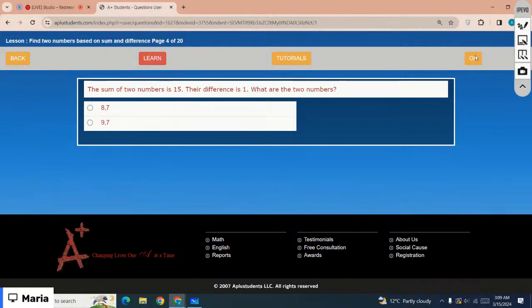Which is the correct option? Yes, that is 8 and 7, right? When you add them, 8 plus 7 makes 15, and when you subtract, they make 1. So the correct option is 8 and 7. Very good.